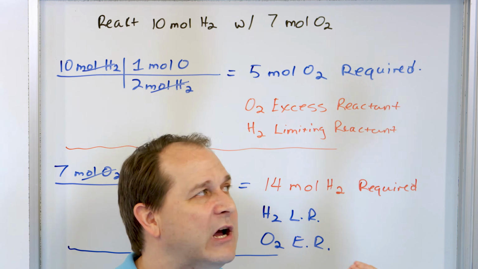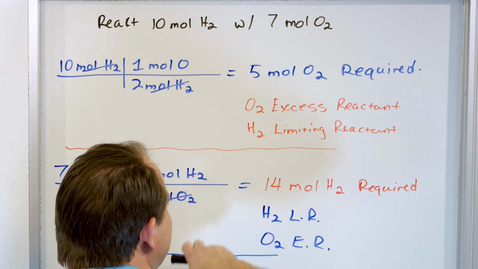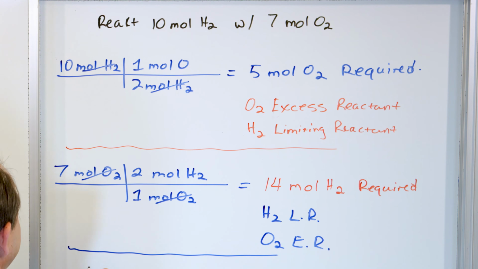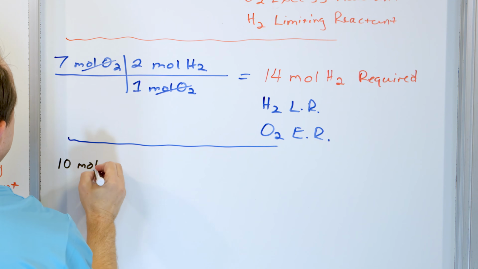How do we figure out how much water is going to form? From both of these different methods, we figured out that hydrogen is the limiting reactant. That means hydrogen is going to run out first. So I'm going to start out with the 10 moles of hydrogen.